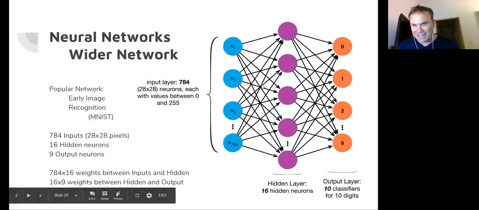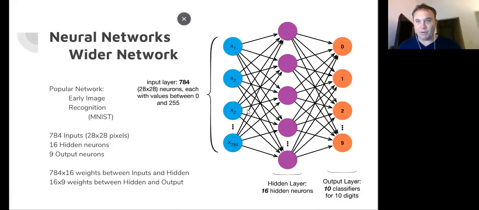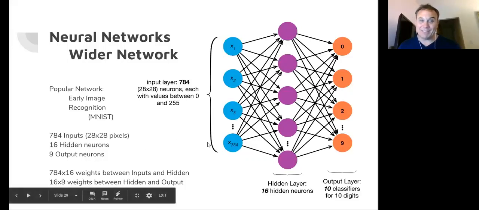So, a lot of arrows here. Specifically, there's one arrow for each connection. You have 784 here, you have 16 here. Therefore, you have 784 times 16 weights, arrows, and there's a weight for each one of those. And here you've got only 16 by 9 weights.